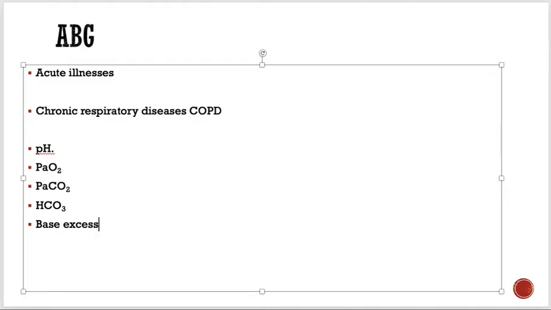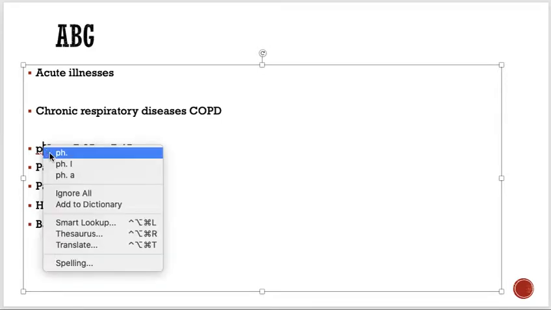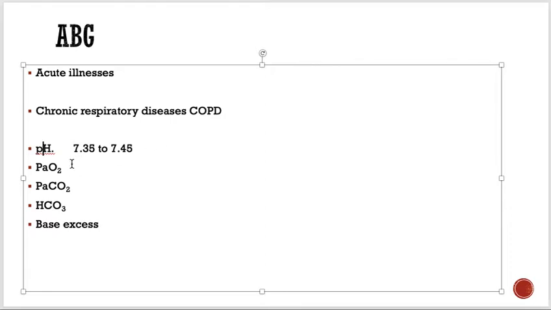Just for reference, the normal pH of the blood is between 7.35 and 7.45. Anything below this is acidosis, whereas anything above that is alkalosis. The normal partial pressure of oxygen in the blood is 11 to 13 kPa.